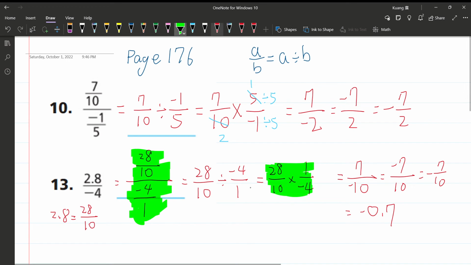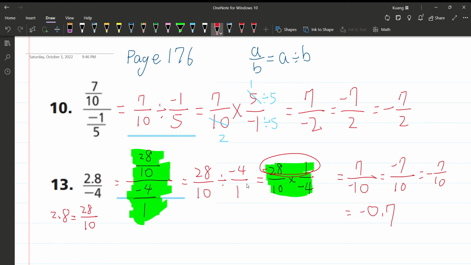So when you see a fraction over another fraction, it will become a new fraction. The denominator of the new fraction is the product of the numbers inside these two. So the denominator of the new fraction is this times this. And the numerator of the new fraction is the product of the two outer numbers.